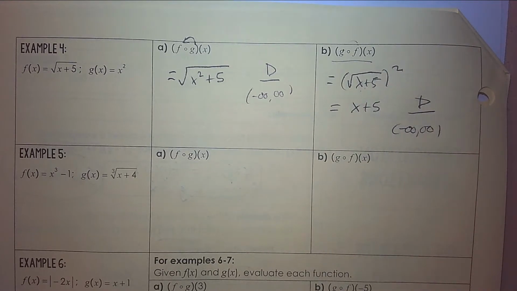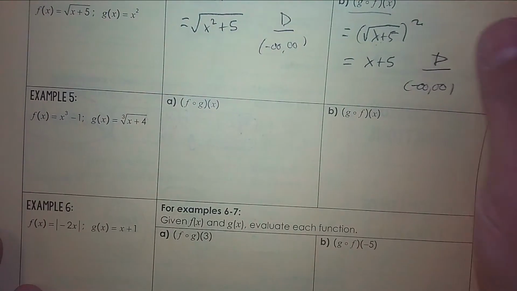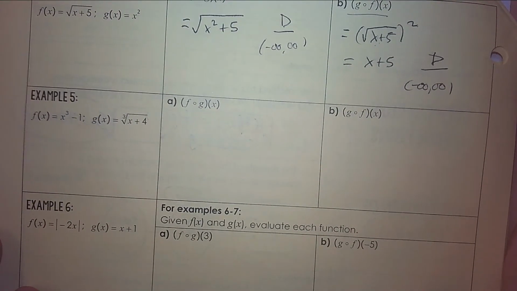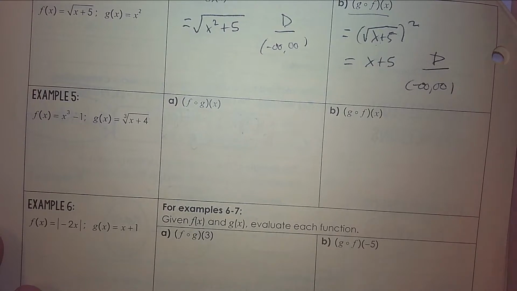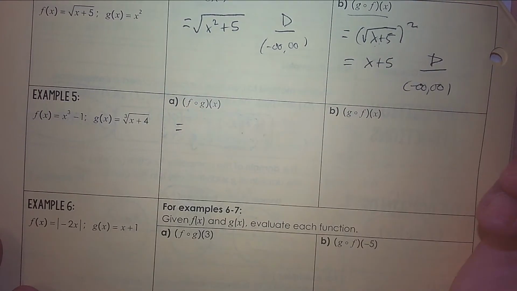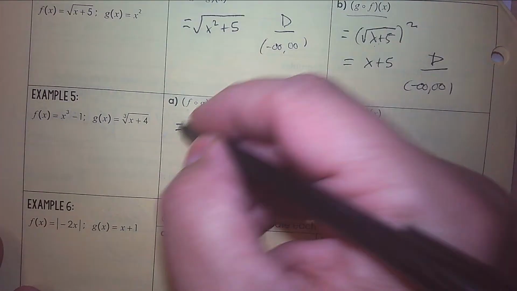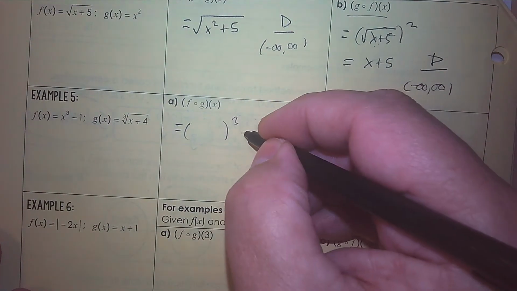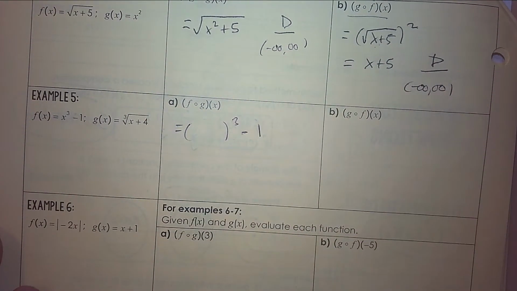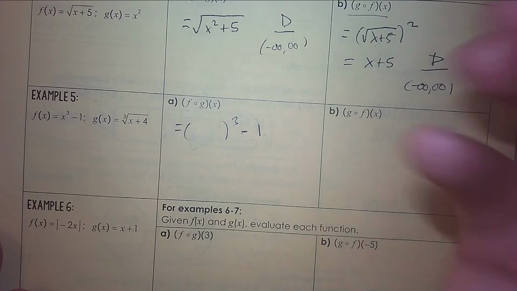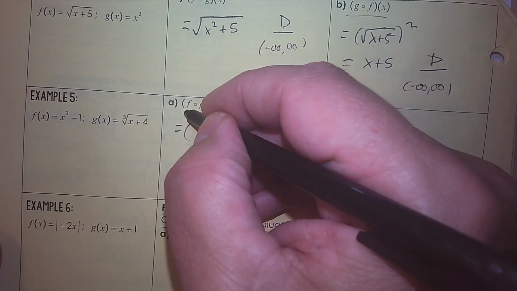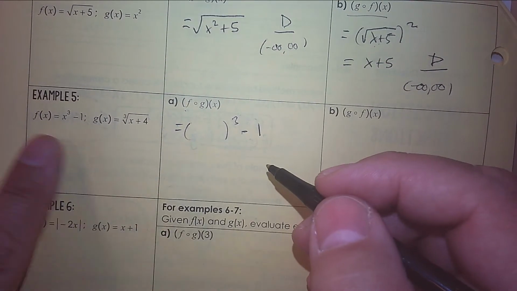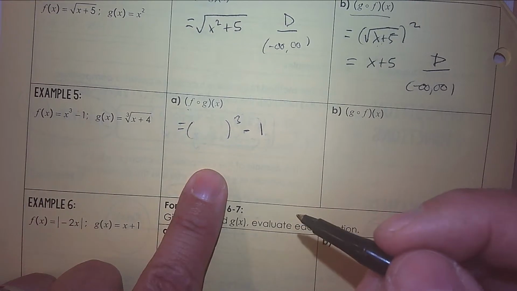All right, example 5. Amelia, you read it first. F of g of x. Is that right? F composed by g. That's right. So how do I do that? So you would plug in the g of x function into the x value in f of x. Love it. So G gets plugged into F. So take out the x in F and then put in parentheses.